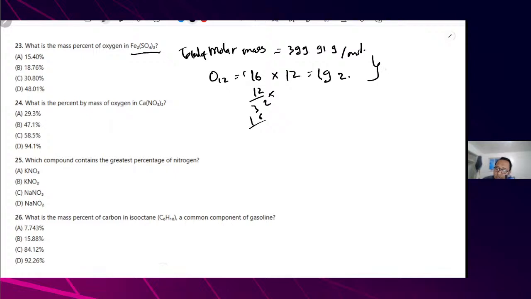And then what's the percentage? It's very easy. 192 over 399.91 times 100%. So the mass percent of oxygen, just by doing the calculation, is 48.01%. Okay, so the answer is D. It's very easy for this one.